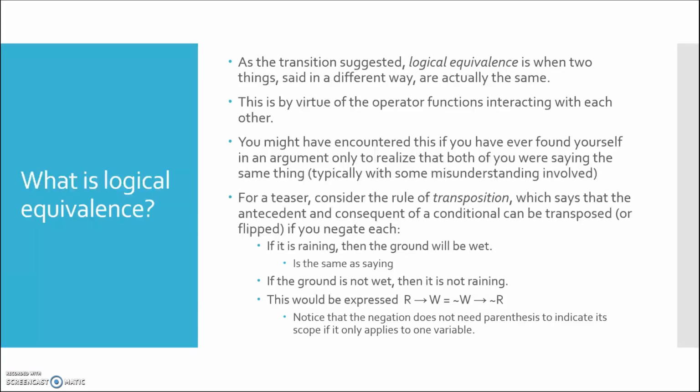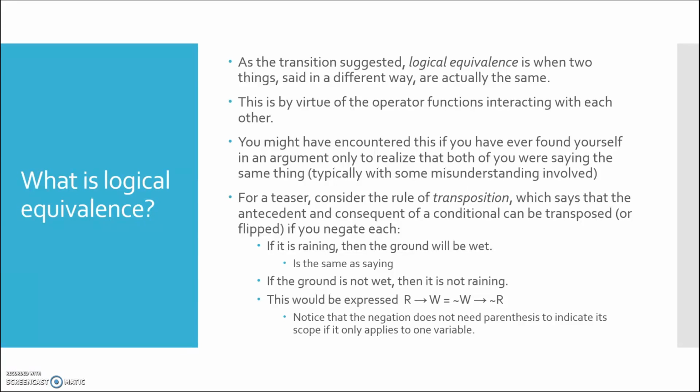Now that sounds kind of weird using the terms we've just recently been introduced to, but it's going to be very intuitive. Take the example, if it's raining, the ground will be wet. That's the same thing as saying, if the ground is not wet, then it is not raining. This is the rule of transposition.